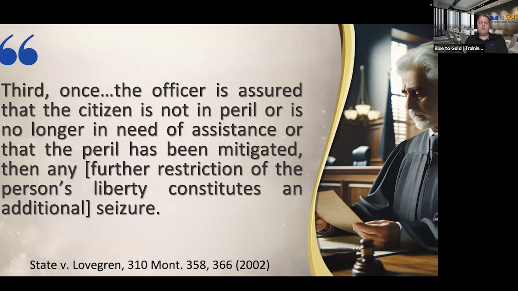Any further detention, once this concern has been addressed, is going to be considered a separate detention for Fourth Amendment purposes, and the typical rules apply. You need reasonable suspicion, at least, or consent. This is just a Montana case, but it lays out the three steps or requirements, and most states seem to subscribe to this typical rule.